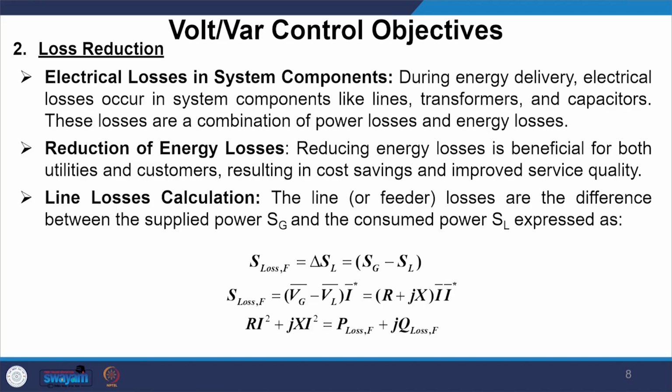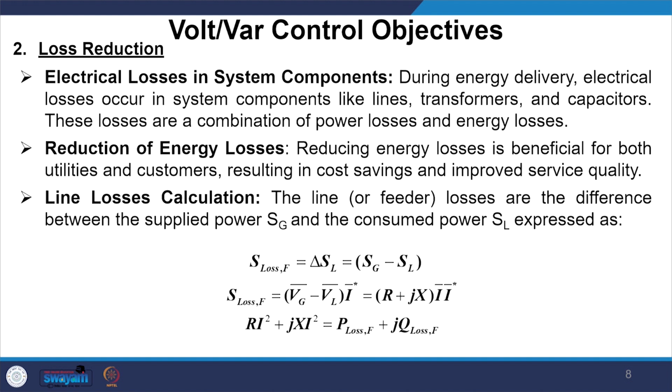Now, how do we experience or how do we achieve loss reduction? Loss reduction means probably you need to have a feeder, but you can only minimize the losses, but you cannot completely ignore them. Now, electrical losses in any system component during energy delivery occur in system components like lines, transformers, capacitors.